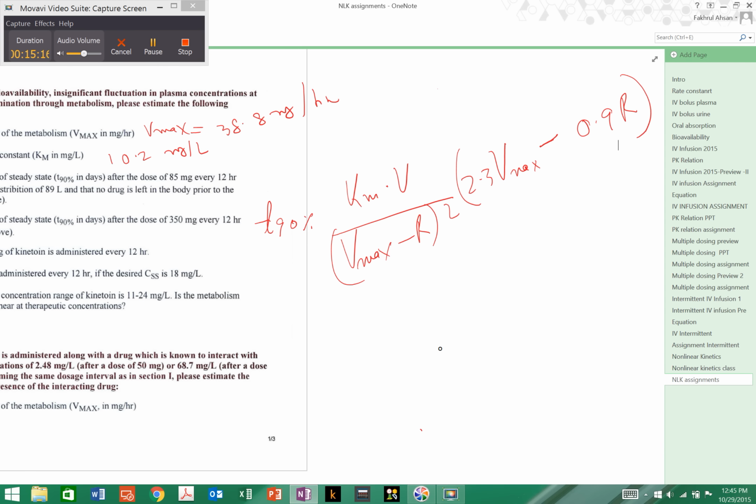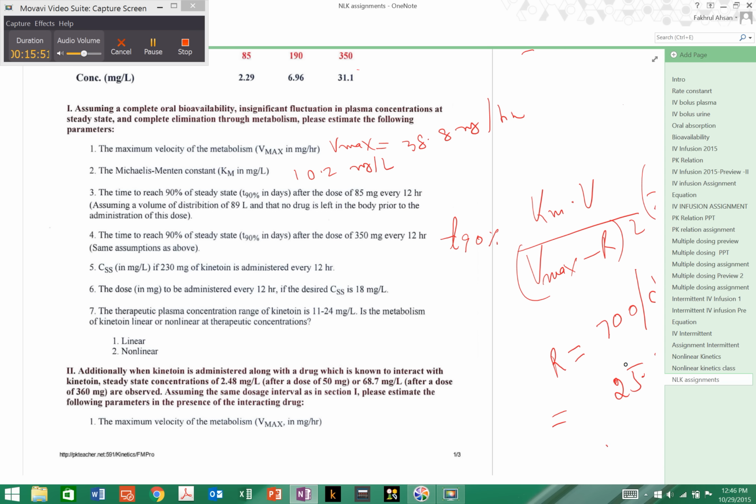The only thing that is different here is our R, which is equal to 350, which is 700 per day. Otherwise it is going to be the same, and the answer in this case for your T90% is going to be, I think, 25.49 days. So 3 and 4 are very similar problems. The volume of distribution is here.